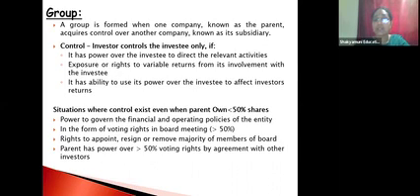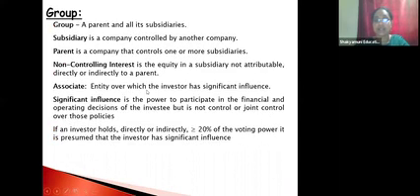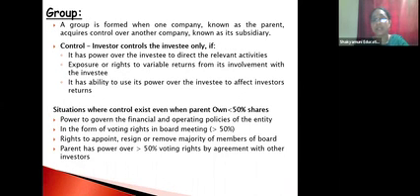More than 50% voting rights in a board meeting, so that they have a right to appoint or remove the majority of the members of the board. And it has more than 50% voting rights by virtue of agreement with the other investors. So if any of these conditions are satisfied, then the parent is said to have control over the subsidiary.